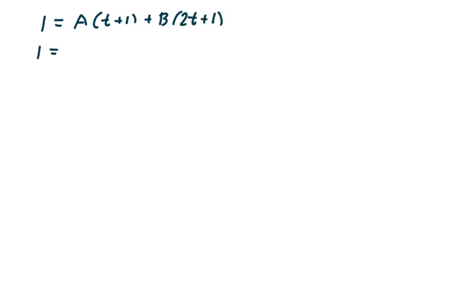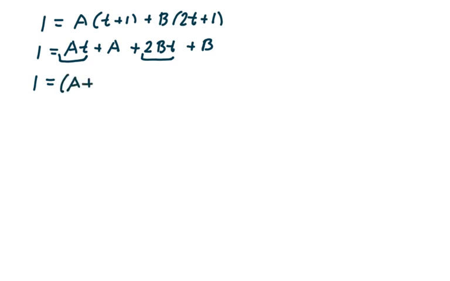So 1 equals At plus A plus 2Bt plus B. Now I'm going to combine the first term with the third term and factor out a t. So 1 equals (A plus 2B) times t plus (A plus B).